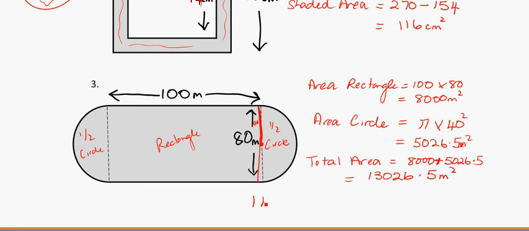Now remember, 1 hectare is 10,000 meters squared. So if I divide this by 10,000, that means move the decimal point to the left 4 hops. 1, 2, 3, 4. So I get 1.3 hectares. So 1 dp. Great.